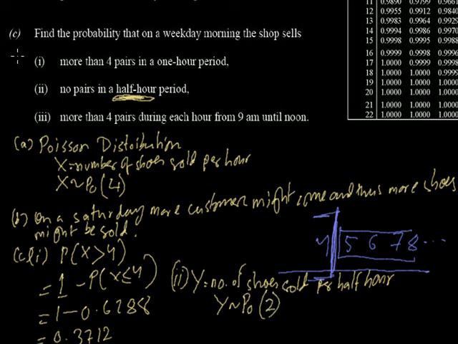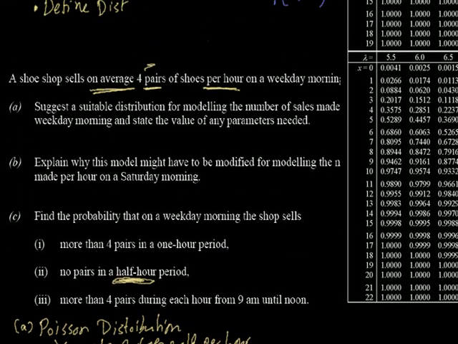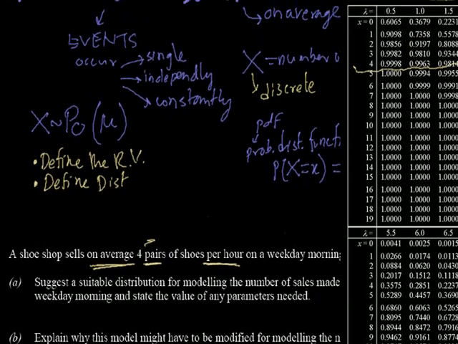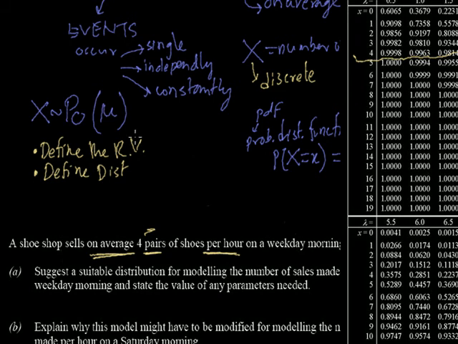And the probability we have to find is no pairs, so that means we have to find probability of x is equal to 0. Now x is equal to 0 and x is less than or equal to 0 is the same because nothing is lower than 0. So this is going to be found from the table very easily. So if we go back to the table again, 0 is this one.